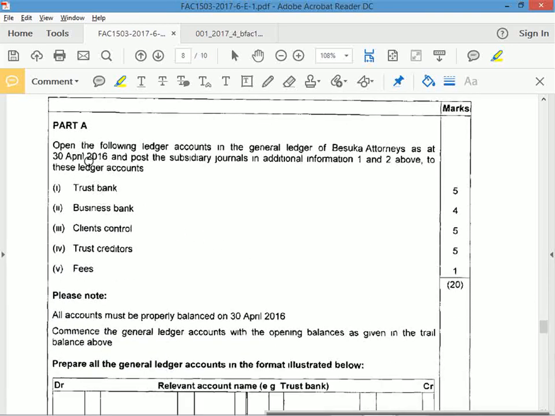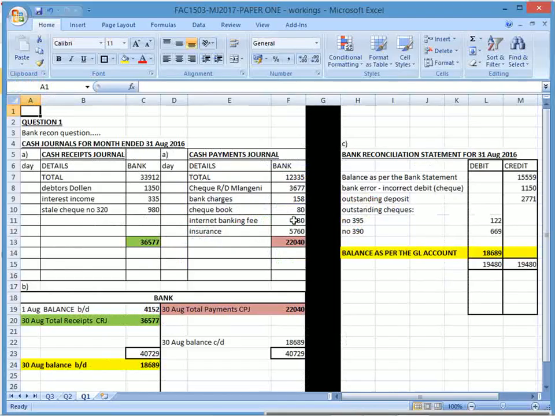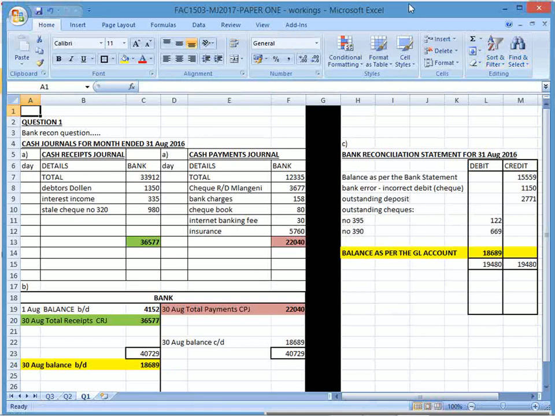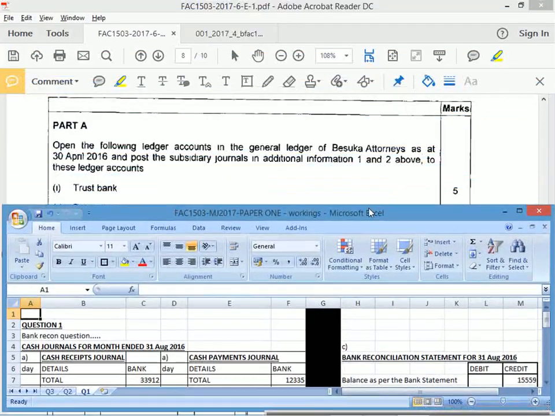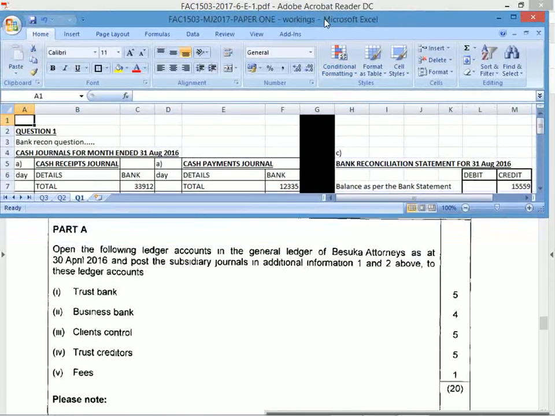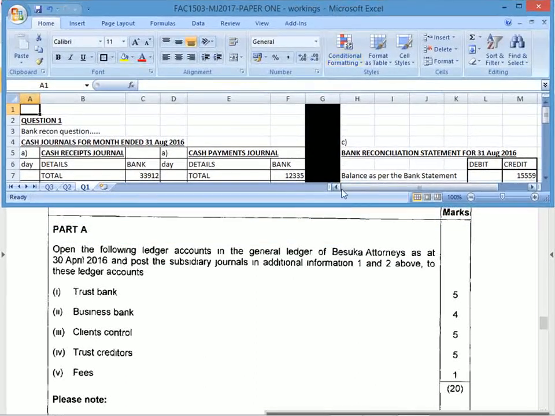Okay, part A. Open the following ledger accounts in the general ledger of B as at that date, and post journals in addition, additional information 1 and 2 above to the ledger accounts. Okay, that's pretty straightforward. First things first is to get your answer sheet up and running.